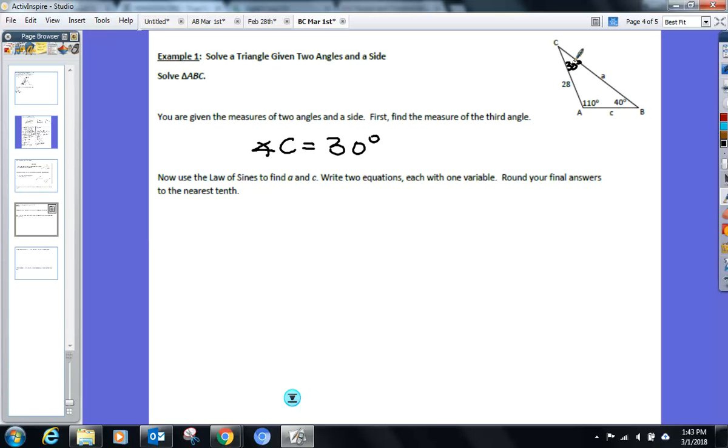Okay? So, the first formula, law, I'm going to show you is called the law of sines. Here's what it says. You take any side in a triangle and put it over the sine of the angle that's opposite it.